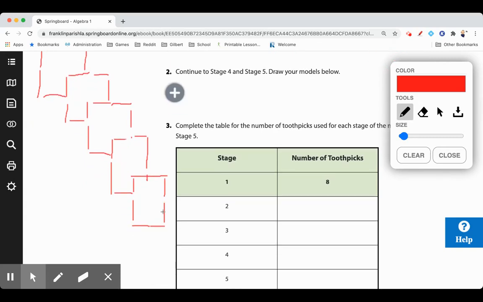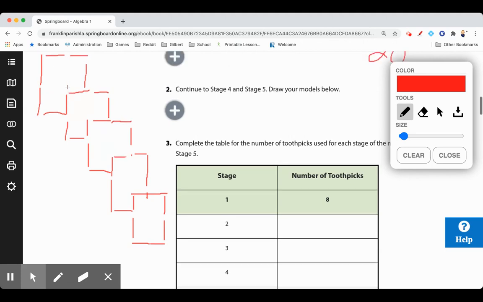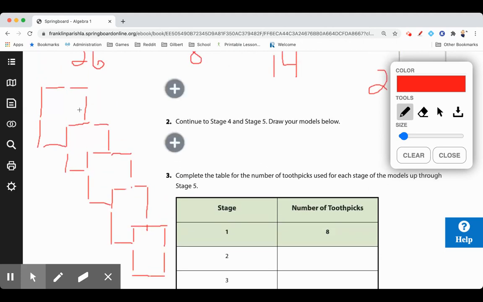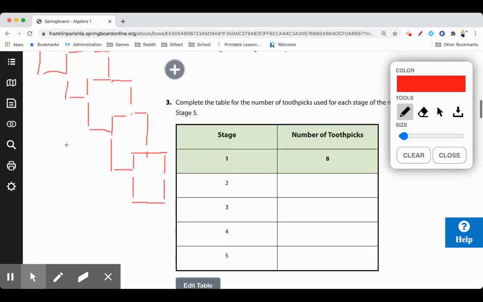This is 5, yeah. 1, 2, 3, up to 32. So 32.